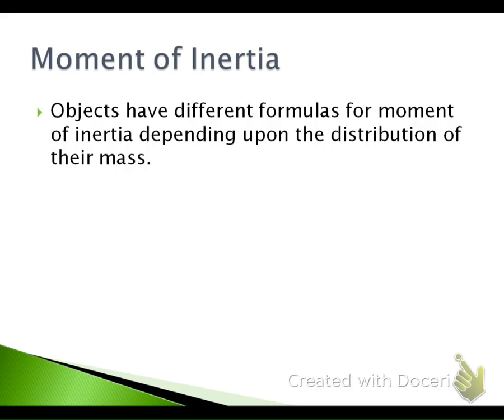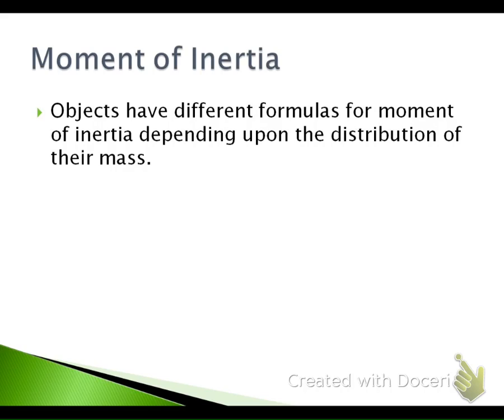Objects have different formulas, depending upon the distribution of mass. Compare a bicycle tire or a weight of some kind. A bicycle tire has most of its mass distributed along the outside. The wires or the metal that holds that wheel together doesn't weigh near as much as the actual tire itself.